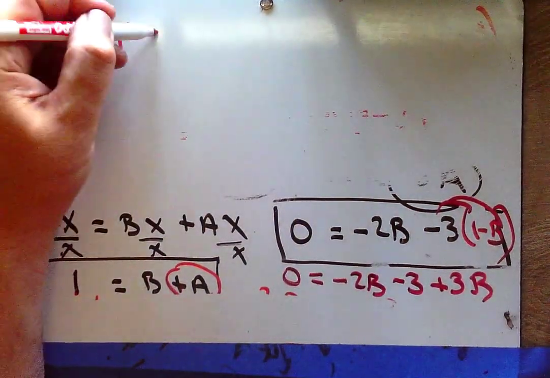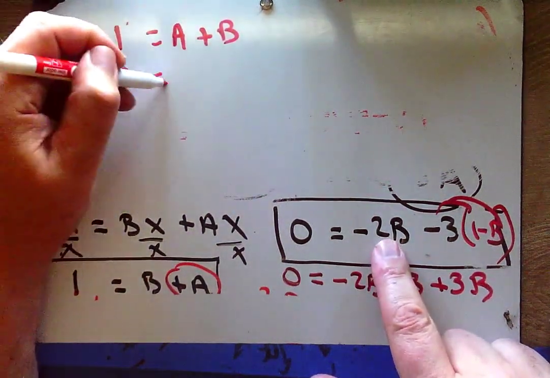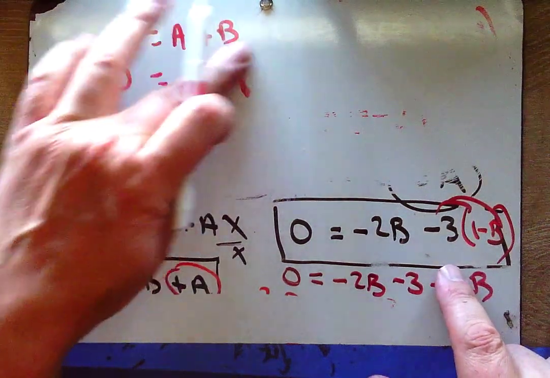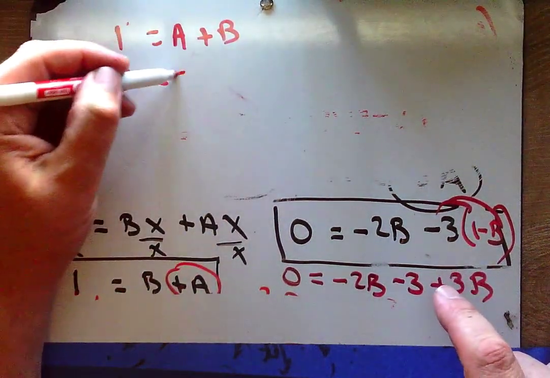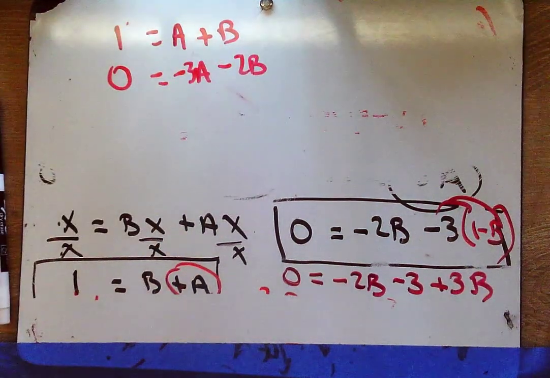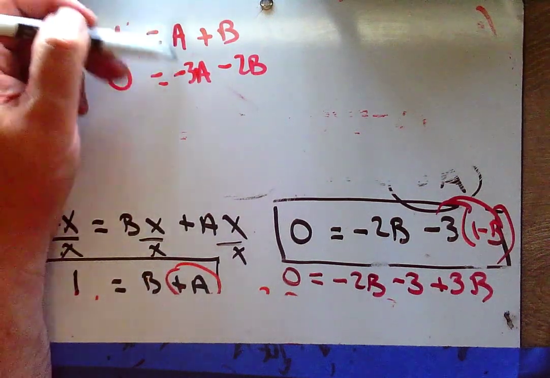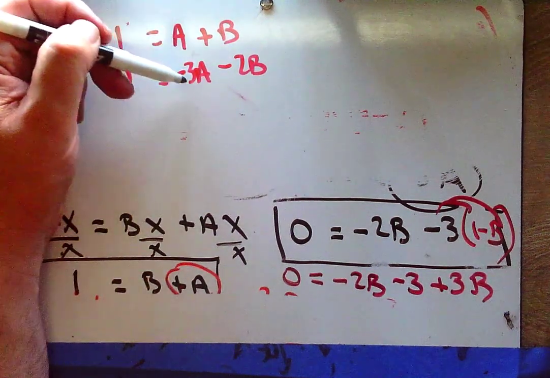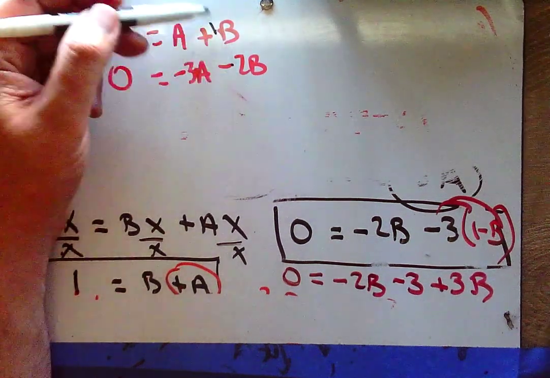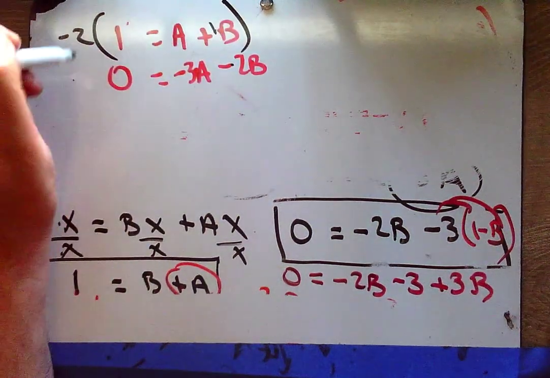So we've got 1 equals a plus b, and we've got 0 equals minus 3a minus 2b. Now, remember from systems, we need these coefficients to be either the same or opposites. So I'm going to multiply everything up here by negative 2.